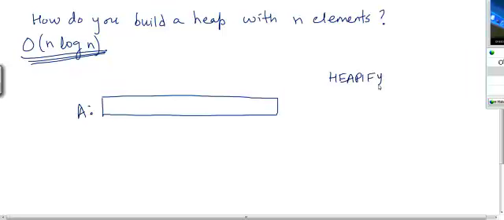The book actually uses heapification. It talks about heapification, and then it uses heapification in the process for building a heap. So let's first look at this operation called Heapify, which will be used in the build heap procedure. Okay. So what is Heapify?